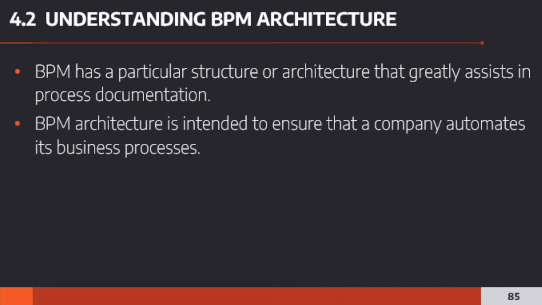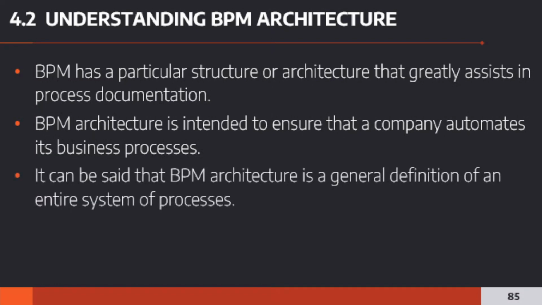BPM architecture is intended to ensure that a company automates its business processes. Okay, simply as that. The architecture is there to make sure that you document your automated processes. It can be said that BPM architecture is a general definition of an entire system of processes.